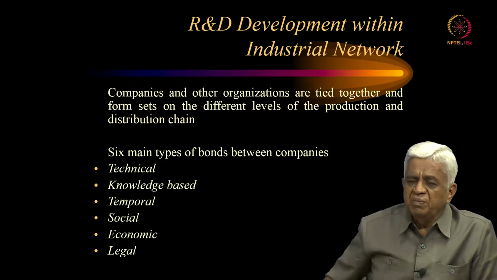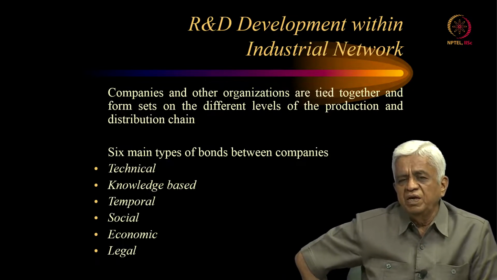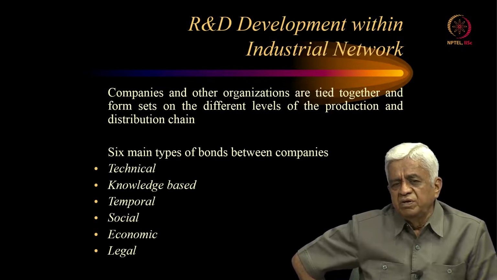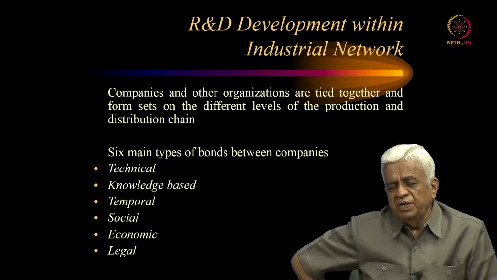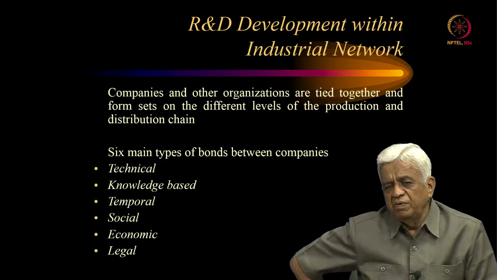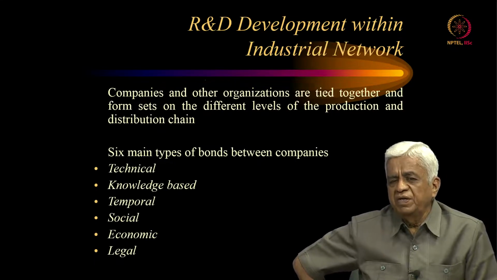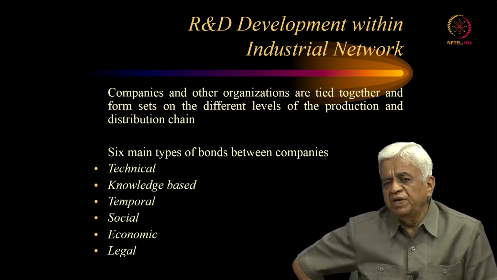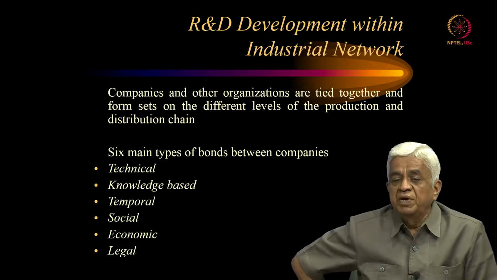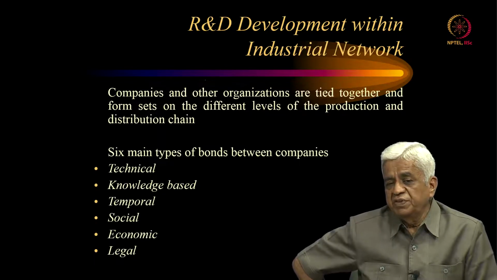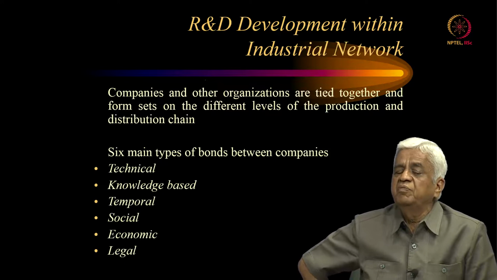So, I give you some examples from the German automotive industry only. Some of them are having their R&D units here in Bangalore, but they are in virtual interaction with their parents in Germany.